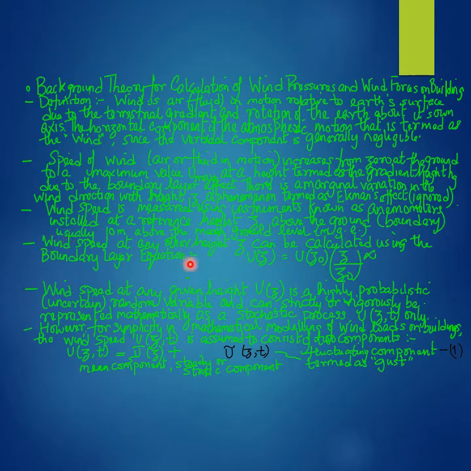In the boundary layer equation that is presented here, the parameter alpha needs further explanation. Parameter alpha is termed as the surface roughness coefficient that accounts for the roughness of the surface of the boundary in the boundary layer flow.